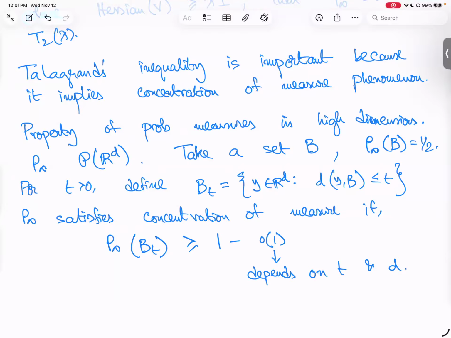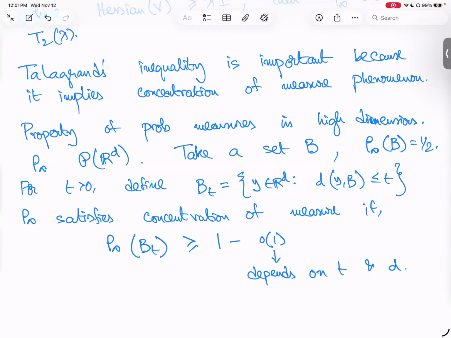So if you fix your T and you take this dimension to be very large, then even a tiny amount of T expansion around this median set B will basically contain your entire mass of this probability measure. Okay. So that's basically the idea of concentration of measure. You see this in many common examples.